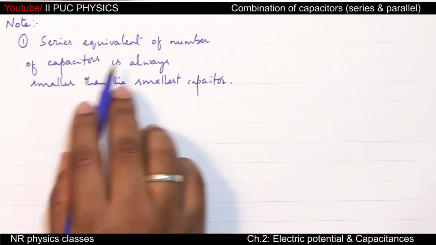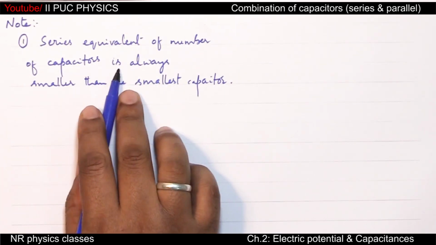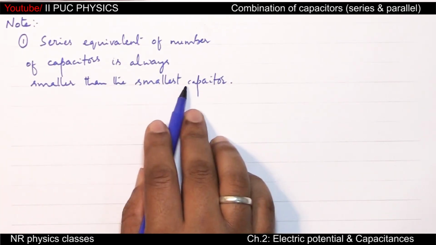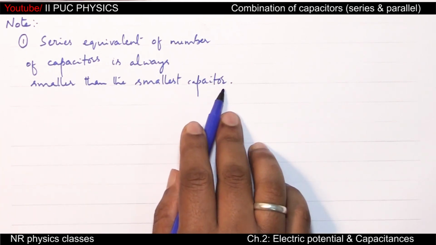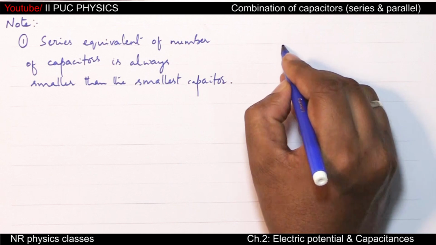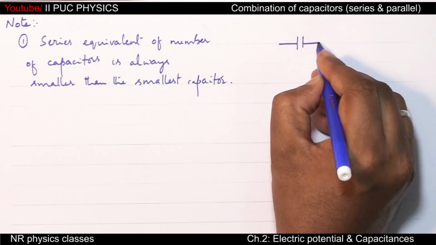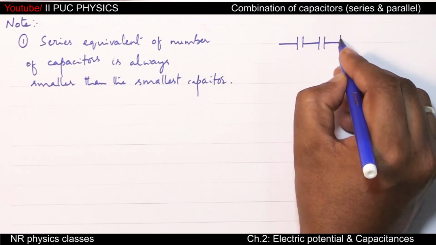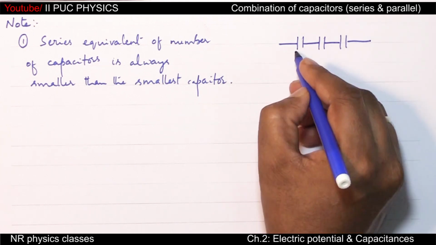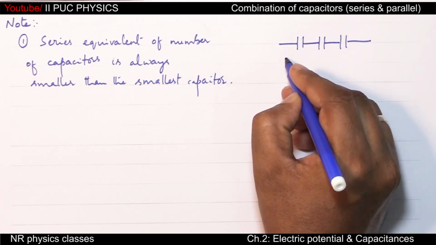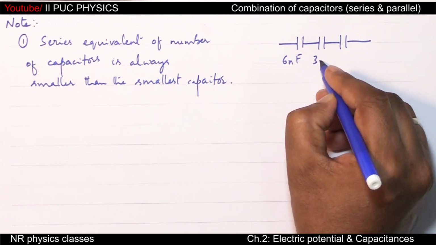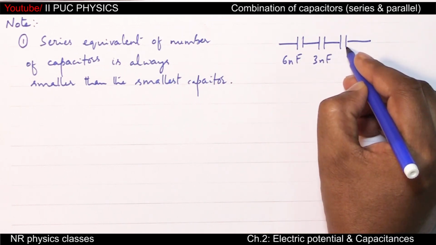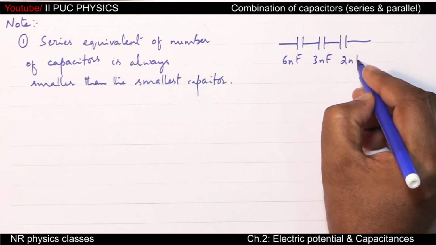Series equivalent of number of capacitors is always smaller than the smallest capacitor. Meaning of this, if this is first capacitor, second capacitor, third capacitor, and this is 6 nanofarad, this is 3 nanofarad, and this is 2 nanofarad.